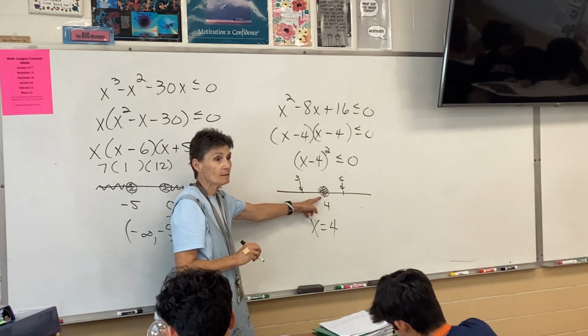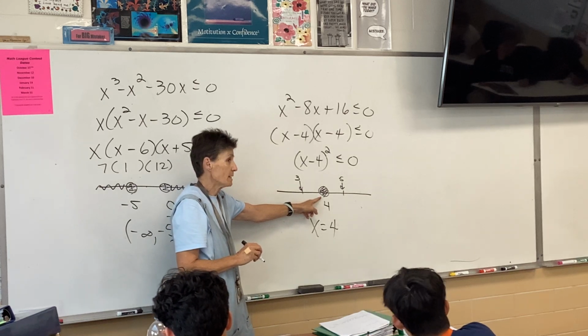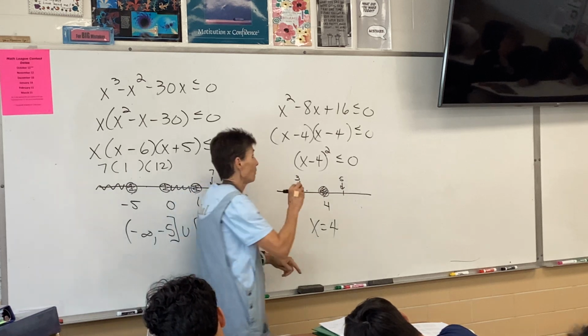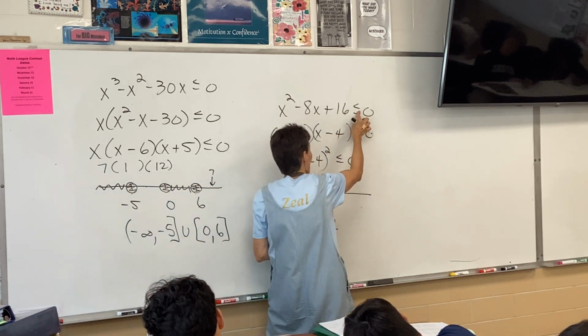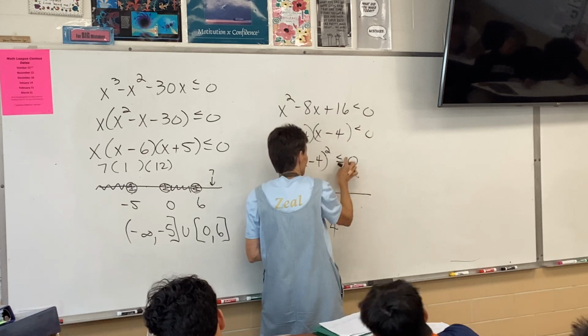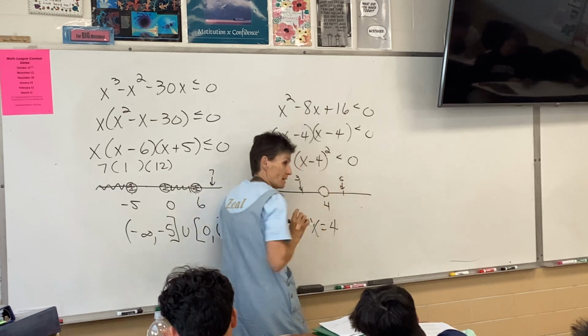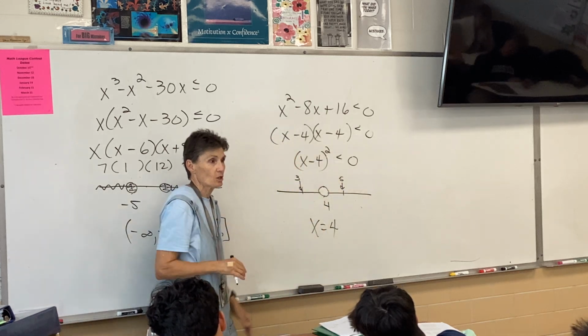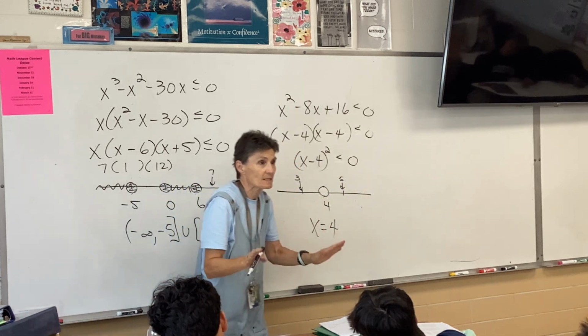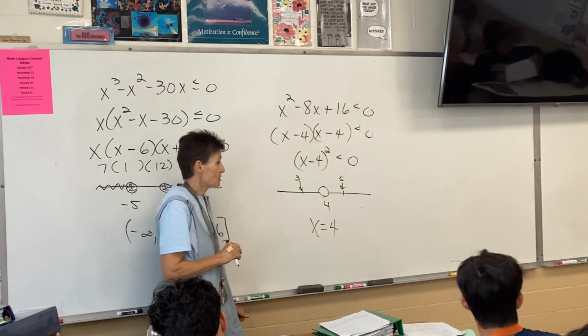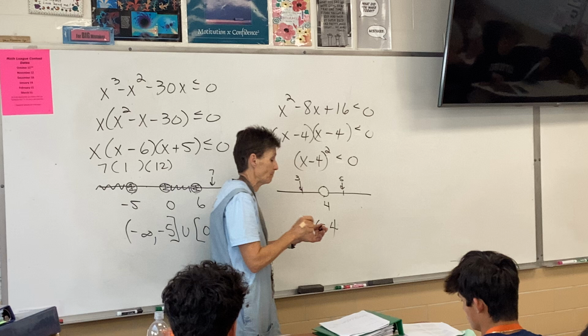That got colored in. That's the only answer to the problem. Now, what if this hadn't been there? Then that dot would be open, no solution, because absolutely nothing's colored. So that would be no solution.